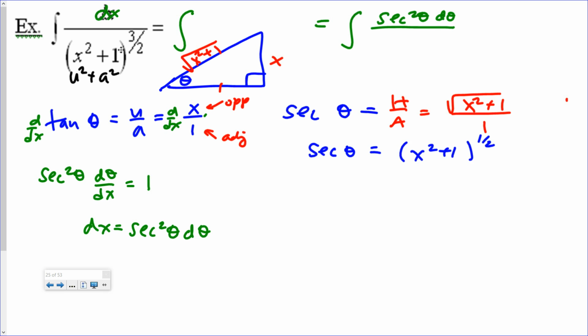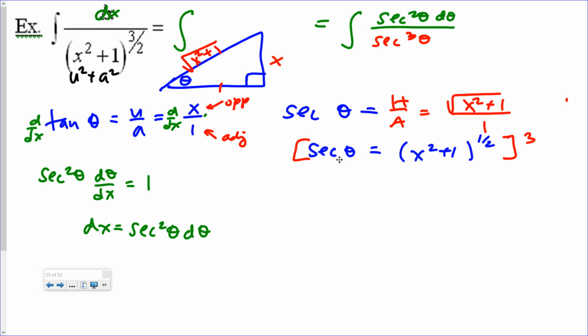So if I wanted 3/2, wouldn't you just cube both sides? So what would this be equal to in terms of theta? Secant cubed theta. I think that's the hardest part of this problem. Seeing that this raised to 3/2 is really secant cubed theta.